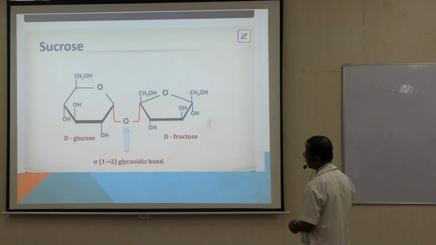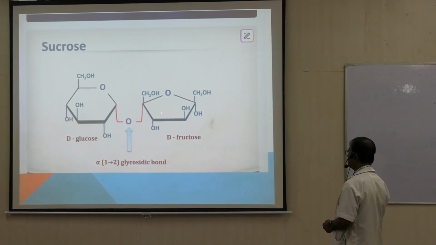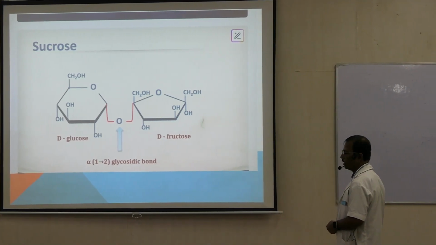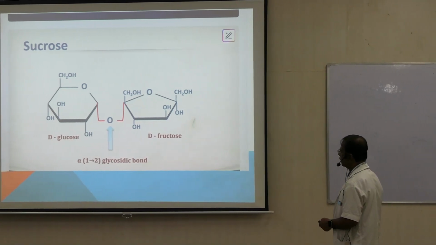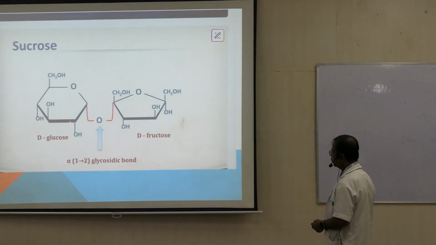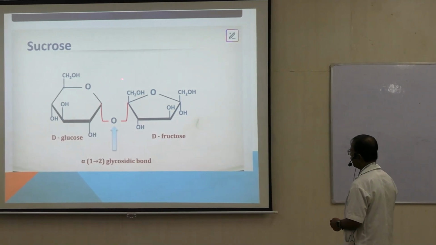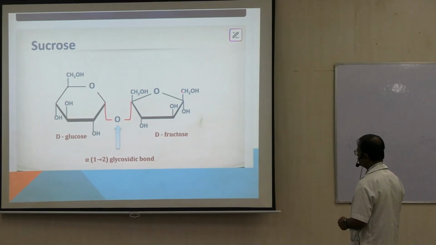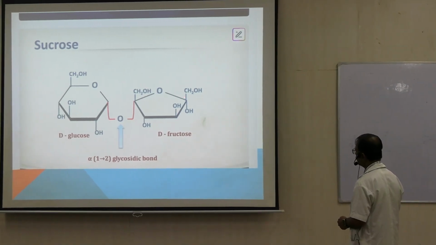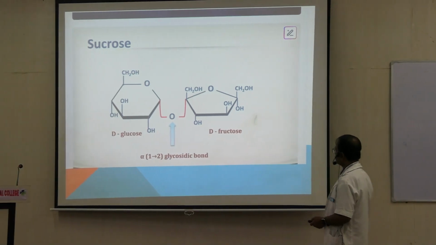This is the 6-membered cyclic form, this is carbon number 1, this is the 5-membered cyclic form, this is carbon number 2. It starts from 1, 2, 3, 4, 5, 6, and here it starts 1, 2, 3, 4, 5.